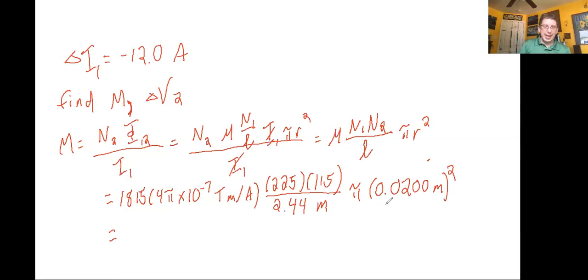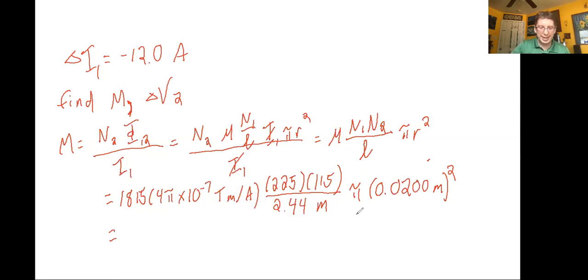So again, the easiest way to tackle the pi's is to multiply them together. So you have 1,815, multiply that by pi squared. That way you get rid of the pi's, and then multiply by 4 times 10 to the negative 7. So you have those, and then you're multiplying by 225 and then by 115, dividing by 2.44, and then multiplying by 0.02 squared.